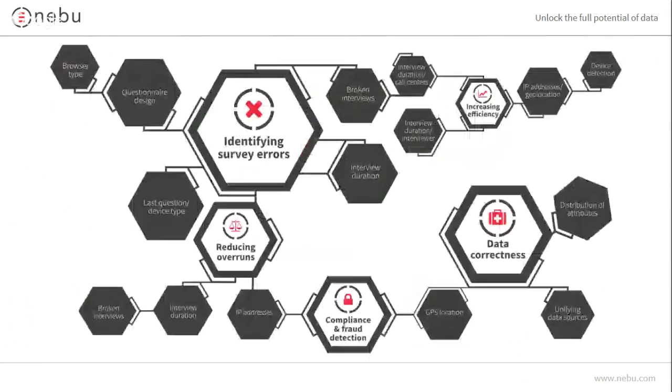So in effect, you get this massive honeycomb of information that's all feeding in all these different elements and indicators to assist you in finding out how to optimize your survey, how to look at your fieldwork, how to make sure you're being as efficient as you can be in collecting your data, getting your information out.